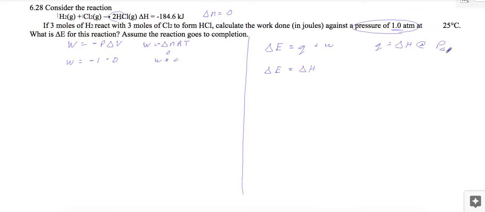Oftentimes we use a subscript C to denote that something is constant. Now the only piece in here then that we need to account for is that we have 3 moles of this, 3 moles of this, and now we're producing 6 moles of this. And so we're going to have to multiply this value also by 3.